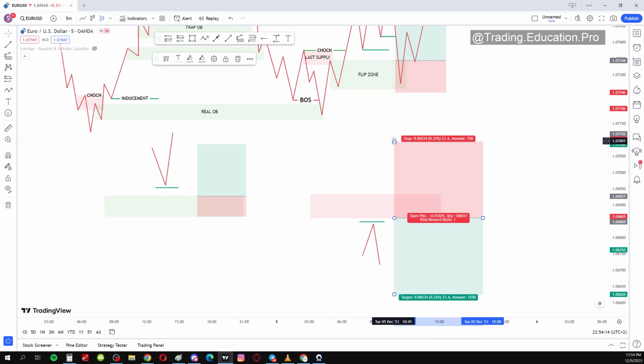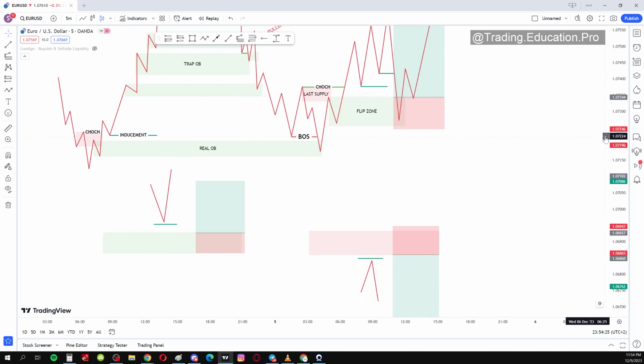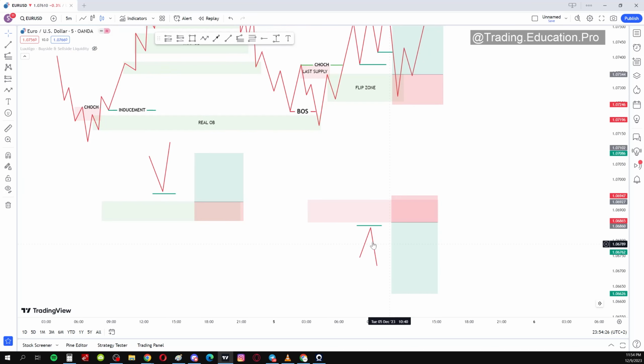Whenever we have liquidity sitting below, we can take the trade. Same here. If we don't have this, it is very risky to take a trade. We always want something above or below.